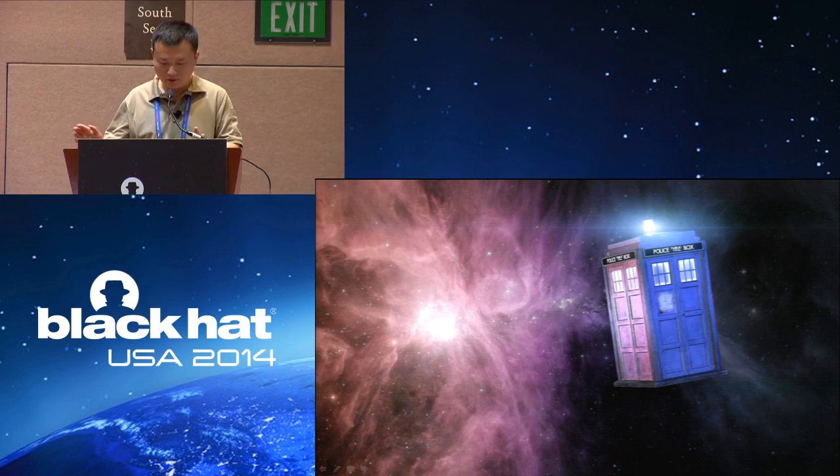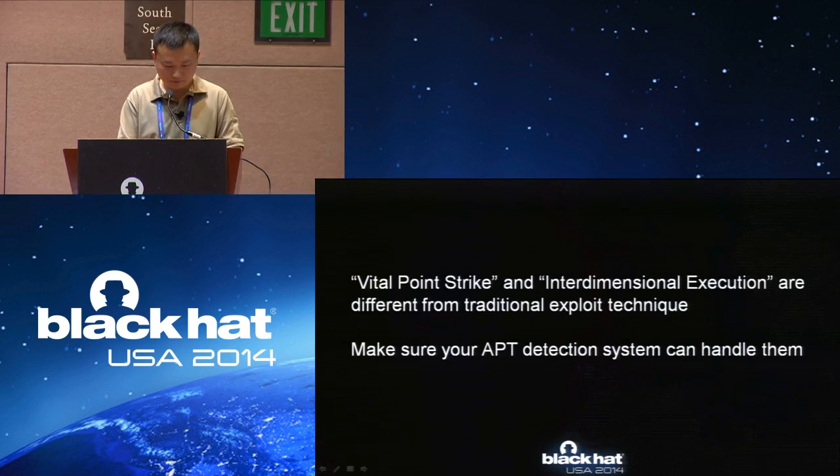I think it is like the TARDIS, traveling in different dimensions, doing really cool things. Vital point strike and interdimensional execution are different from traditional exploit techniques. Make sure your APT detection system can handle them.